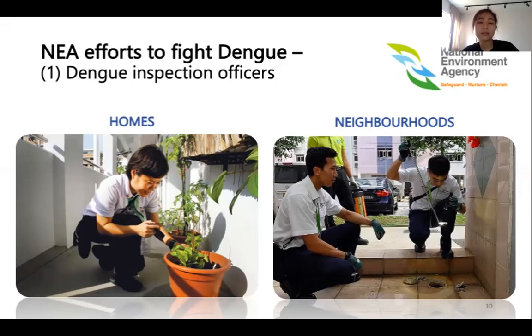Next, in our neighborhoods, other than our homes, NEA officers also inspect potential breeding areas and add insecticides to habitats such as roof gutters, drains, and other places where water cannot be removed. Sometimes you would see fogging as well, especially in areas that are of high risk.